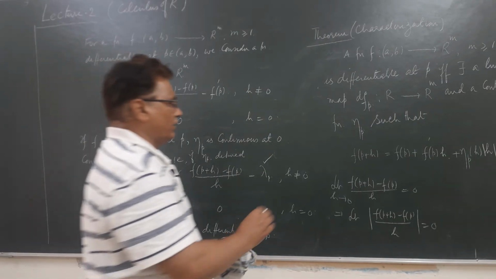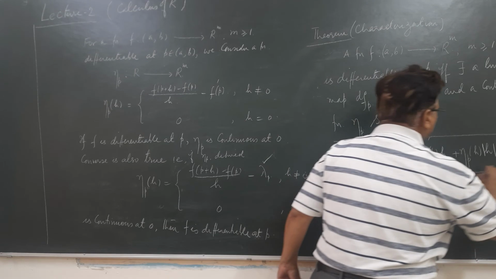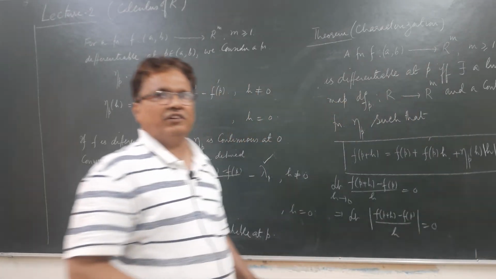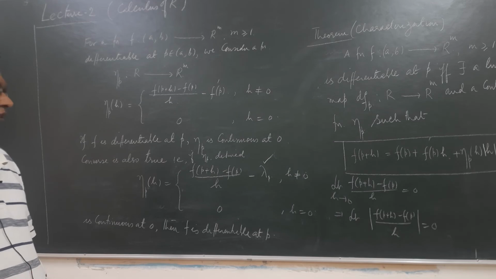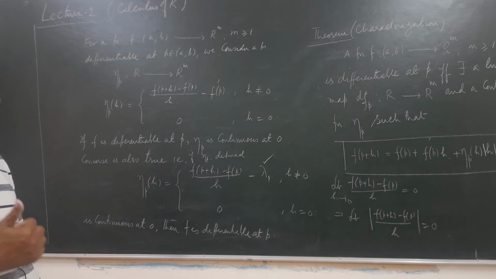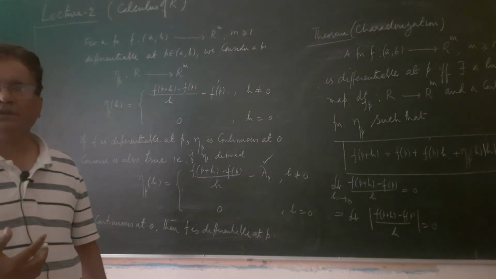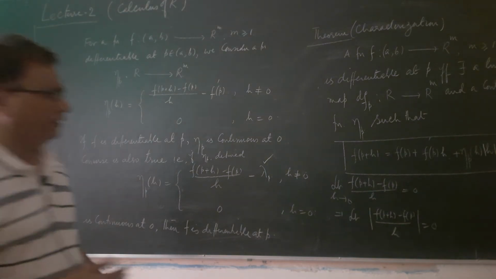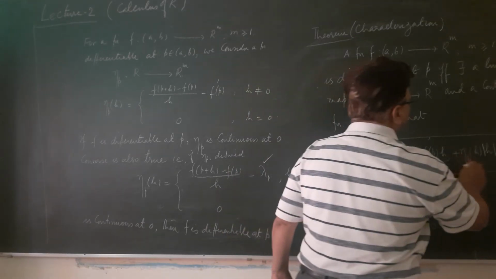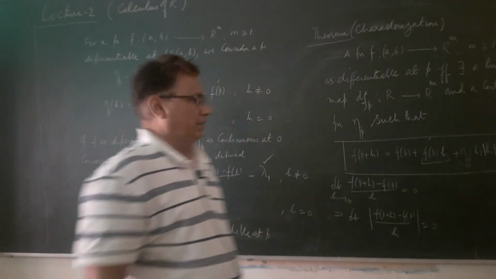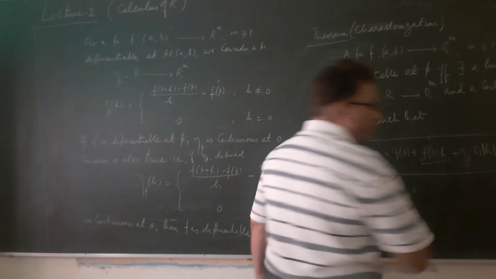So this is our new definition. Whenever you want to see whether a given function from an interval (a, b) to R^m is differentiable or not, you need to check two things: whether you have a linear map and a continuous function like this. Then it will be differentiable, and in this case you can get hold of the derivative as well.